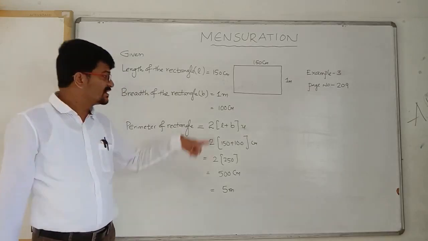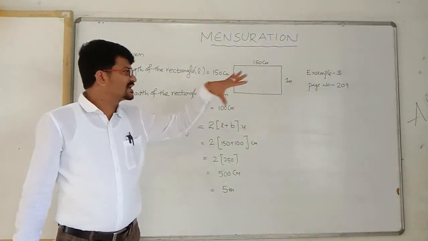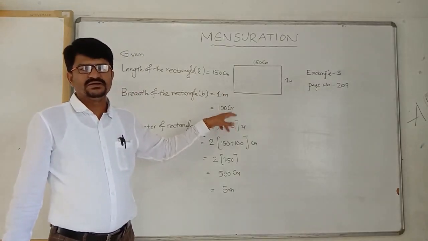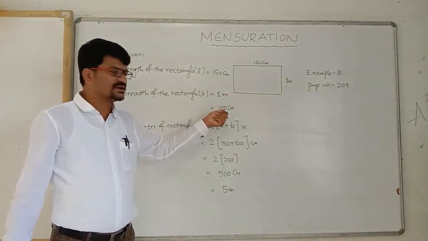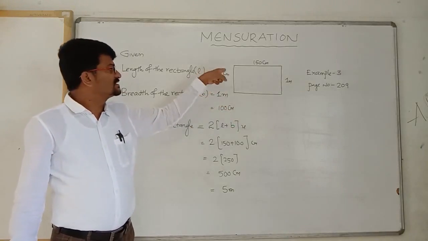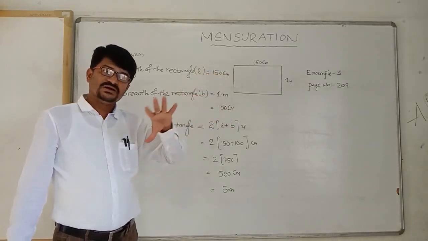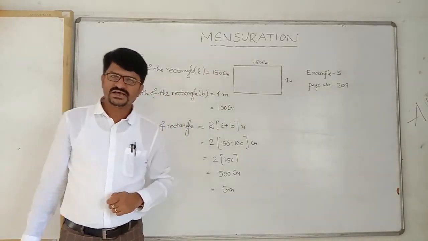Clear, children? What I did here is I converted this 1 meter into centimeters. So 1 meter is equal to 100 centimeters. Why? Because length is given in centimeters. That is why we should convert this breadth also into centimeters. Clear?